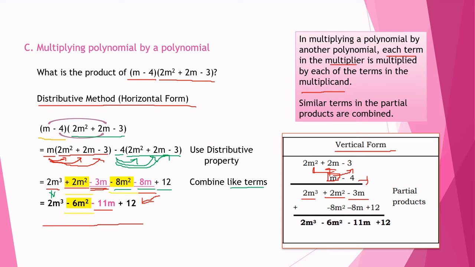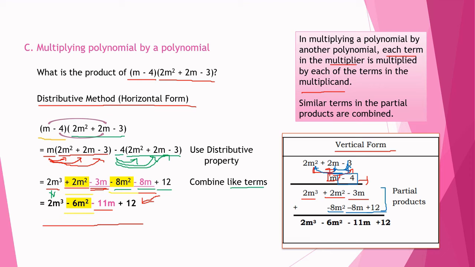Okay, next is the last term, which is negative 4. Negative 4 times 2m squared is negative 8m squared. Negative 4 times positive 2m is negative 8m. Next, negative 4 times negative 3 is positive 12. So this will be your partial product.